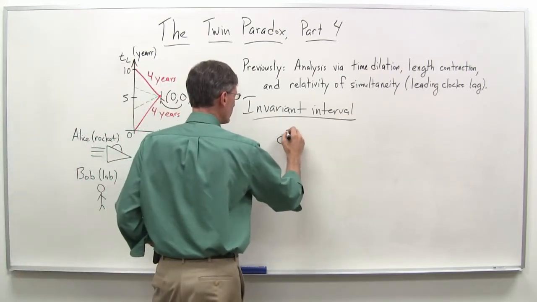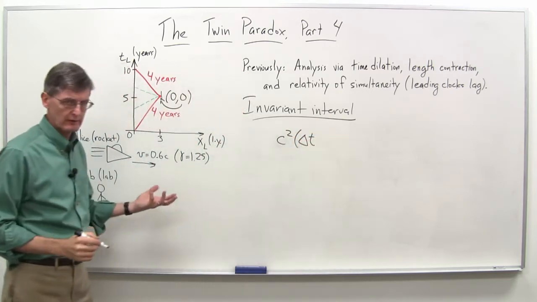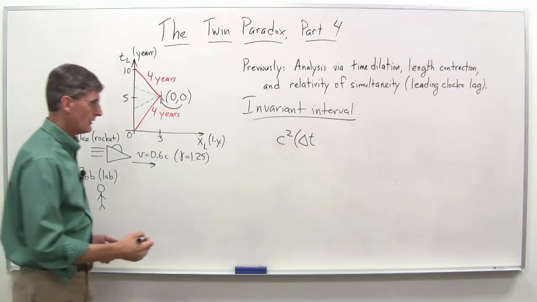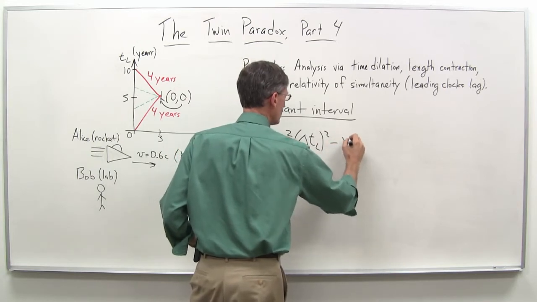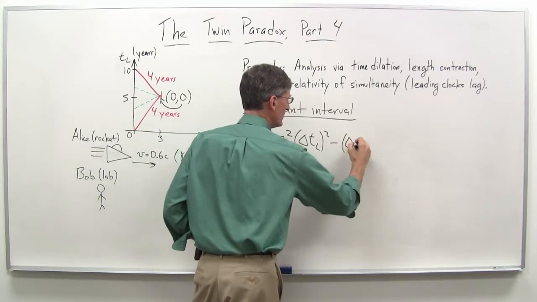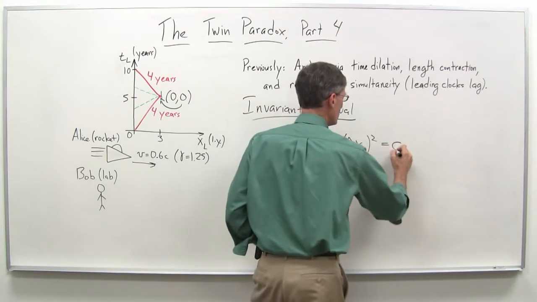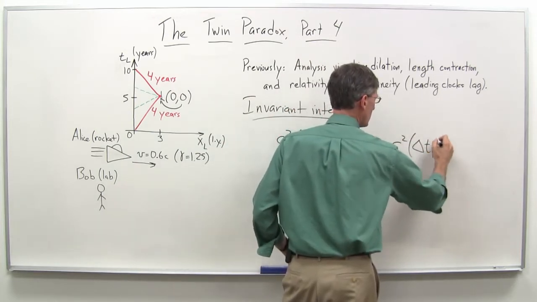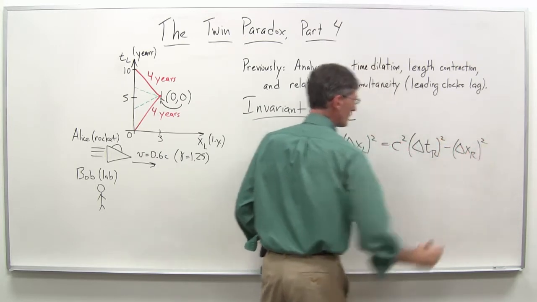Essentially it's c squared delta t, and again we'll use lab and rocket frame, so L and R. So we'll just do delta x L squared, let's use delta x just to remind ourselves it's a difference in coordinates, equals c squared delta t R squared minus delta x R squared.